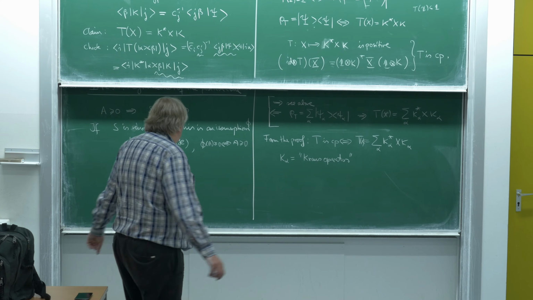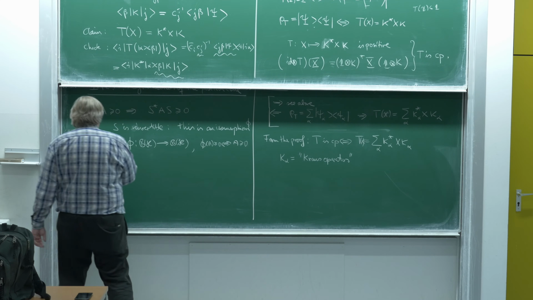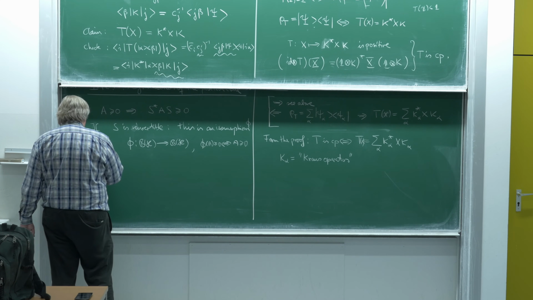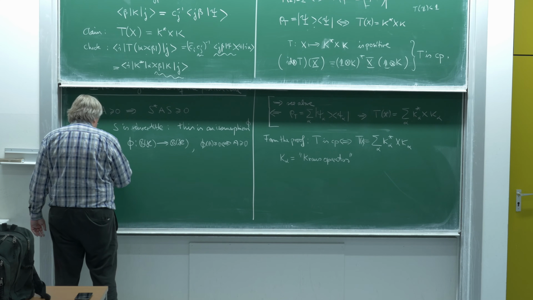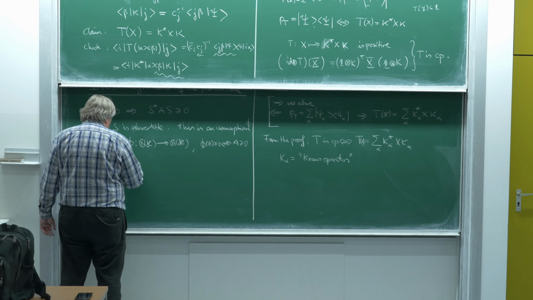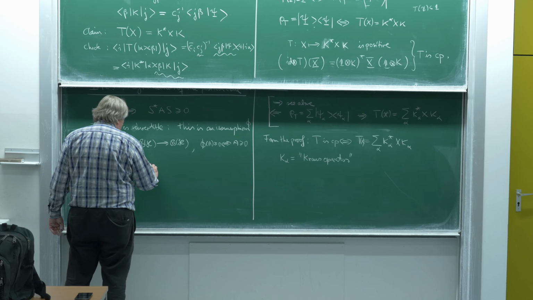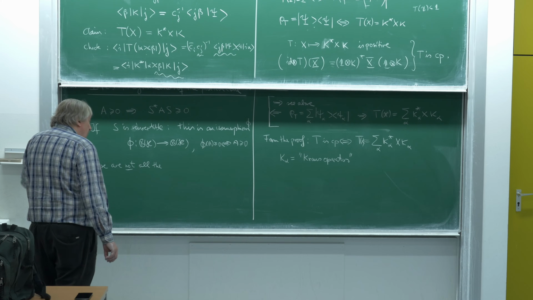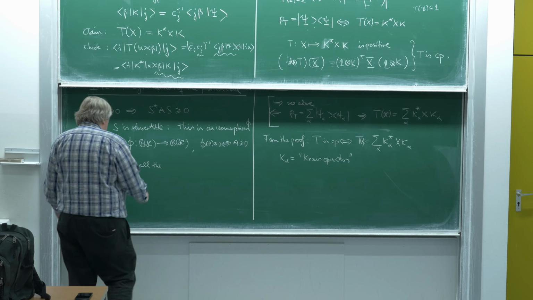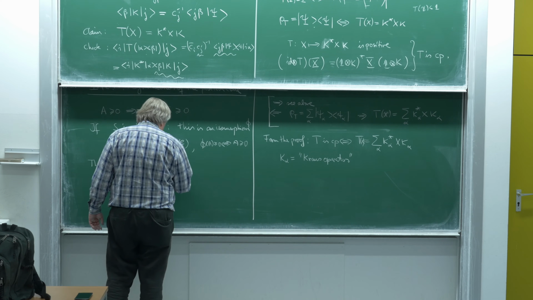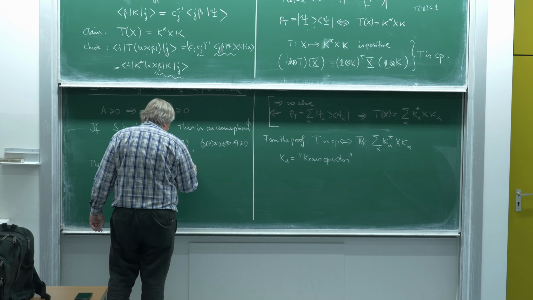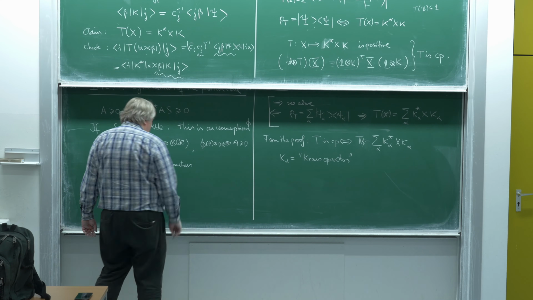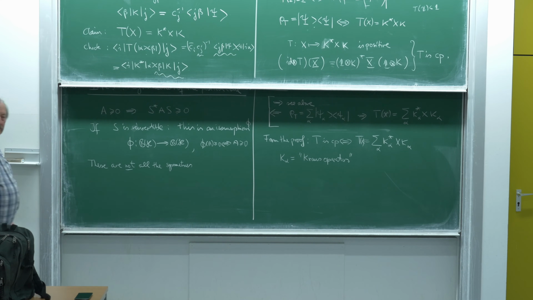Okay, so this gives us quite a lot of symmetry for the cone. But one statement is, these are not all the symmetries. Wait a minute. So can anybody think of something else?